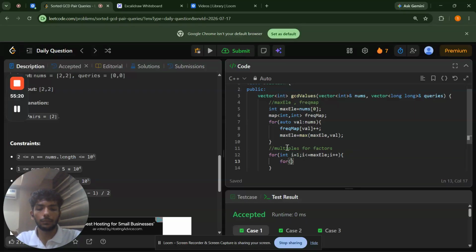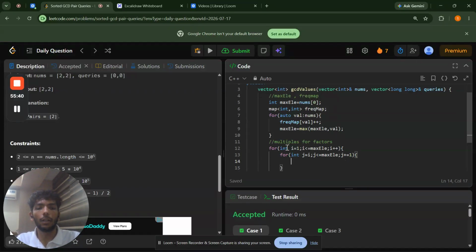For int j equals i, because if we are starting a table of 2, 2 ones are 2, so 2 is also a multiple of 2, right? And then we add 2 itself: 2 plus 2, 4, 4 plus 2, 6.